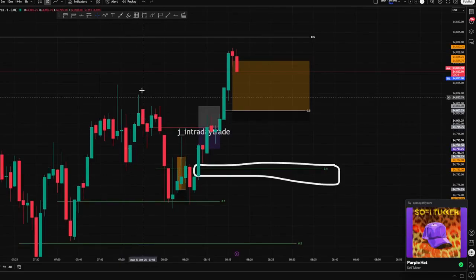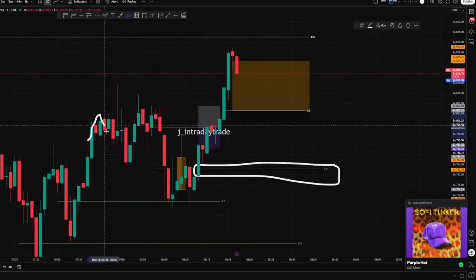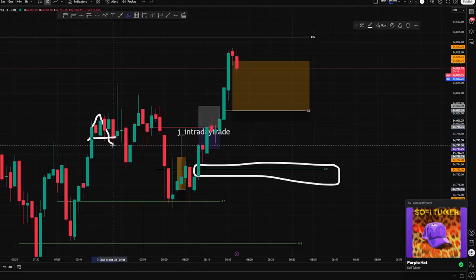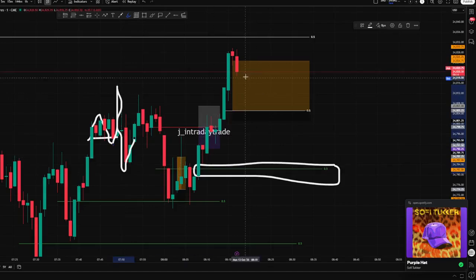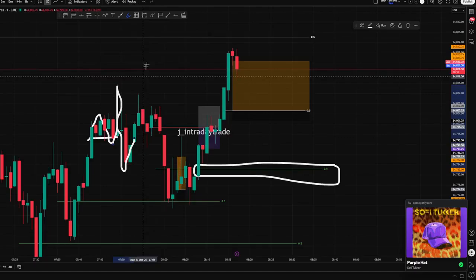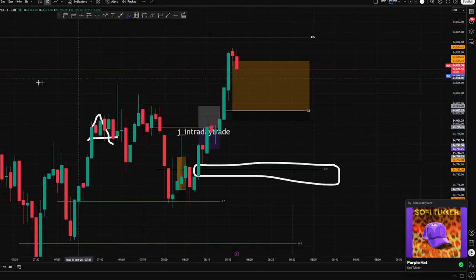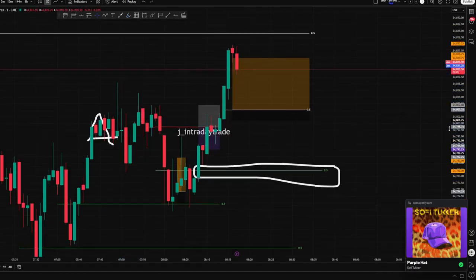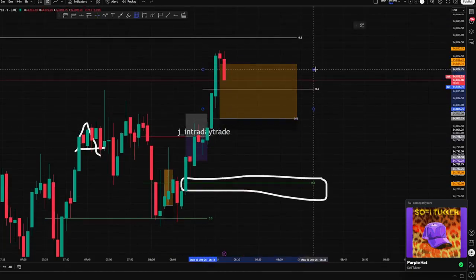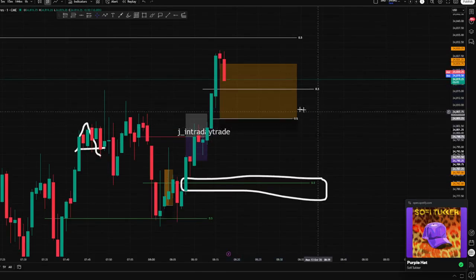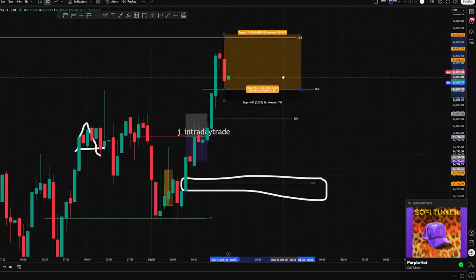I would have been interested in long down here, if price wouldn't have done this, sweeping that, going up here, going down here, because I barely saw the price really moving higher from that point. I might be looking for an aggressive CBC in here, like this.